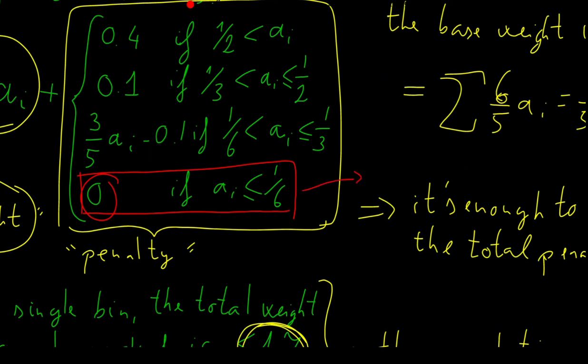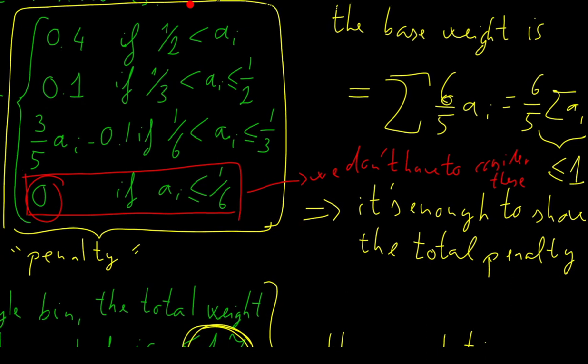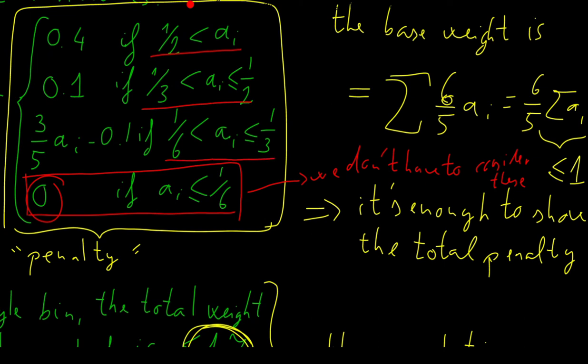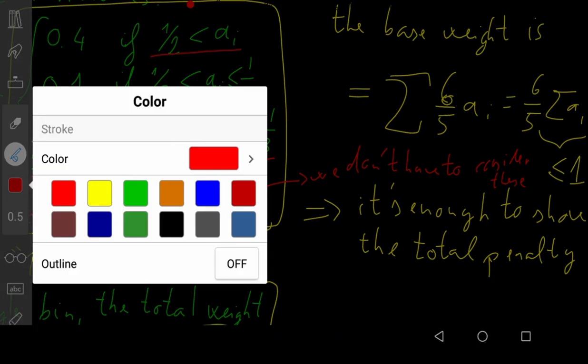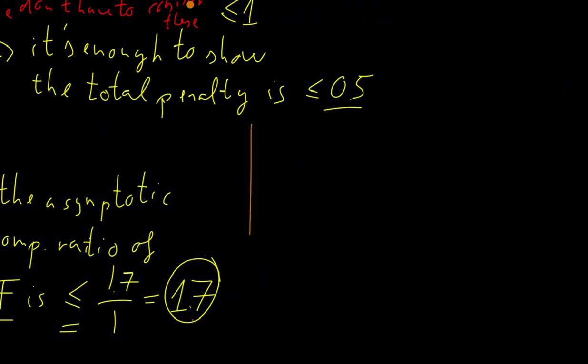So we don't have to consider these. There are 3 possible size intervals: one for large objects, one for medium objects, and one for small objects. And we are just doing a case analysis based on the number of such and such objects. So we have cases.